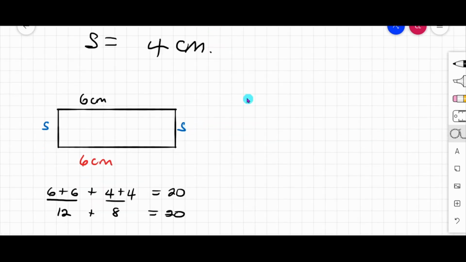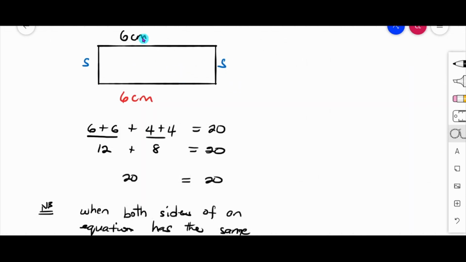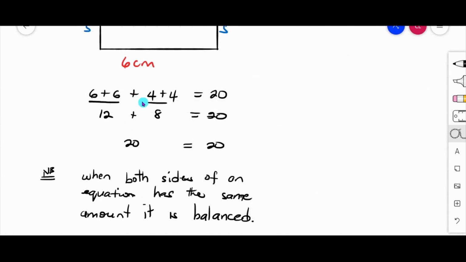All right, let's see if this is correct. We're going to check now. So 6 plus 6, the length of the two long sides, plus 4 plus 4, the length of the two short sides, should all be equal to 20 centimeters. So 6 plus 6 plus 4 plus 4 should be equal to 20. Therefore, 6 and 6 is 12, and 4 and 4 would be 8. 12 and 8 should be 20.